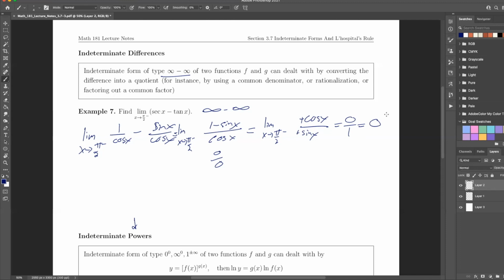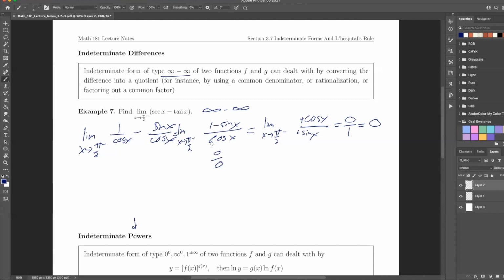And so what do we do here? So here we had a difference of infinity minus infinity, and this is how it looks. So we can say, all right, can I somehow get a common denominator between these two? And we did, right? Because they both have cosine. There are different ways of doing this. What we want is the indeterminate form of 0 over 0 or infinity over infinity. That's really the whole goal of this.